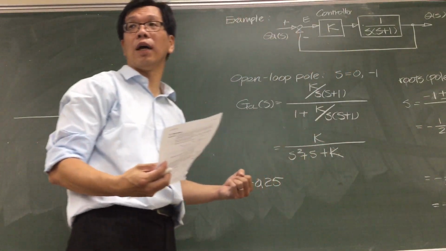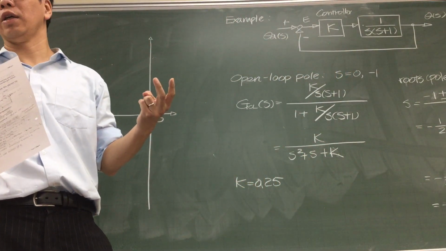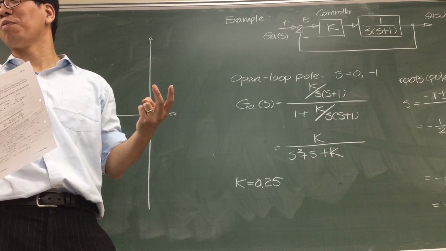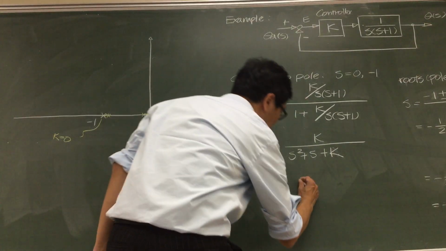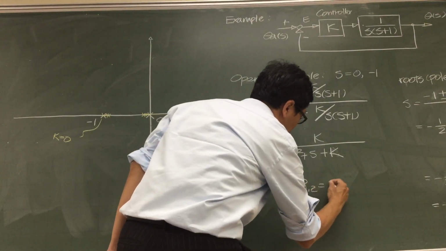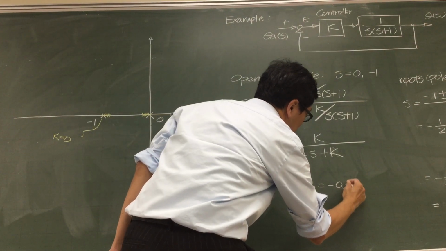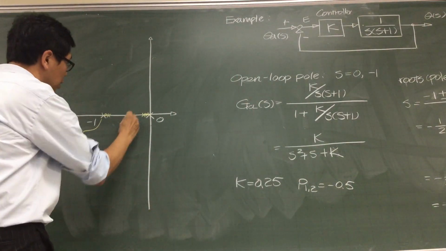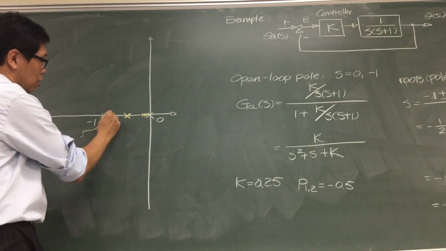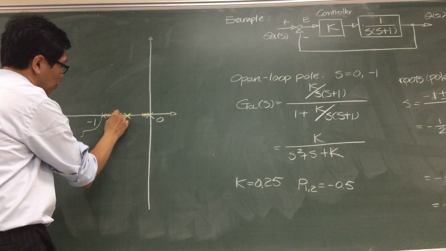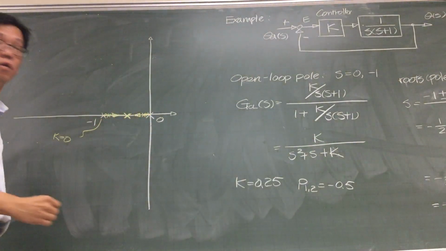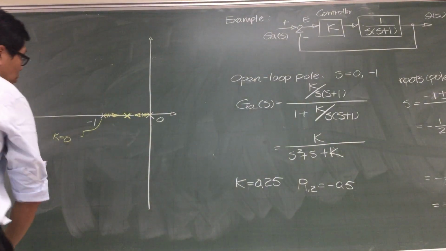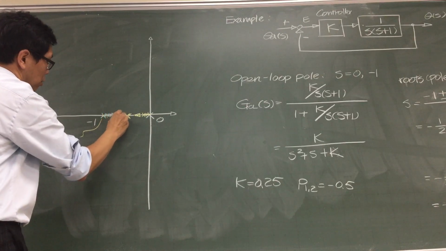So how many poles do I have? I still have 2. Where are they? Minus 0.5. There are 2, P1 and P2. They are both here, so we know they are going to be moving in this direction. So far, any questions? I'll use blue because it's clearer.